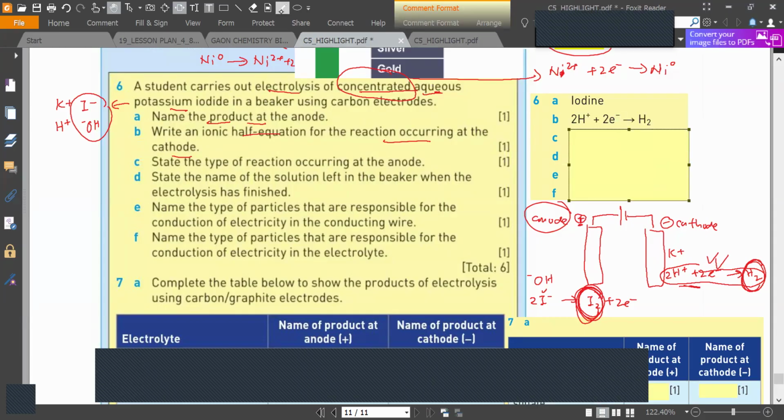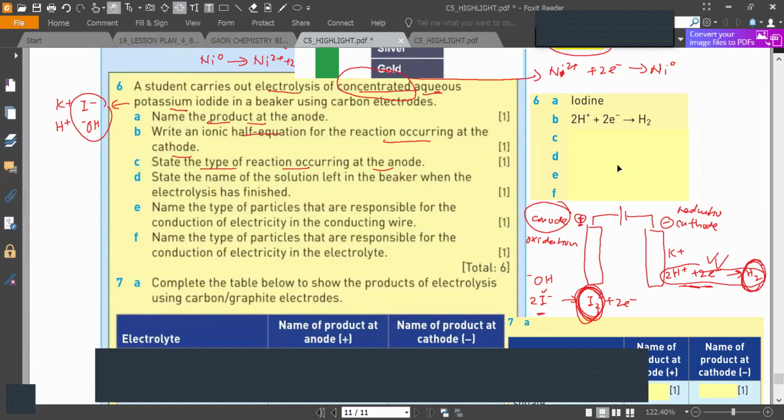State the type of reaction occurring at the anode. The anode is always oxidation, losing electrons. Cathode is always reduction, adding electrons. So our answer is oxidation.